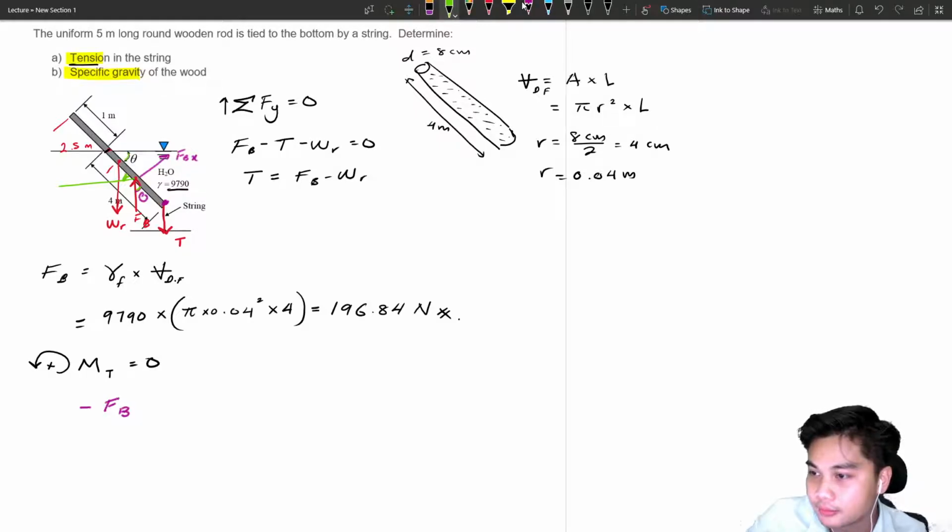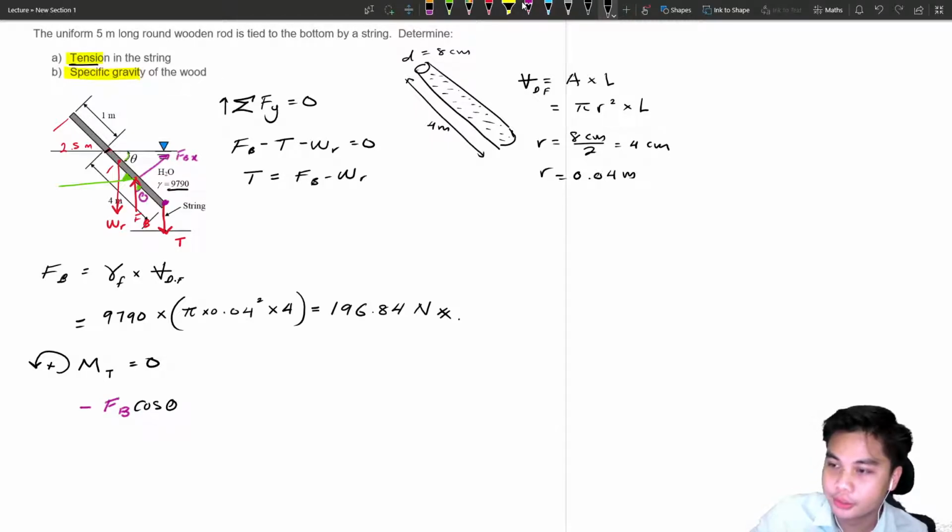This angle is the same as this angle, right? So in order to get FBX, you have to use cos theta. And then proceed with WX, which is downward from here, going to W. Let's say this is WRX.